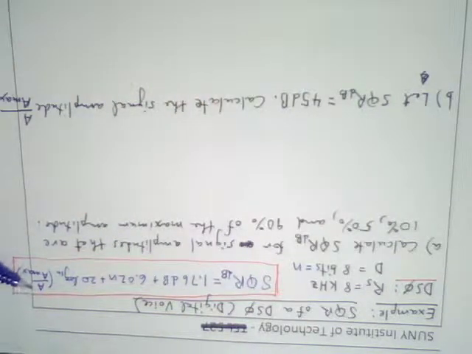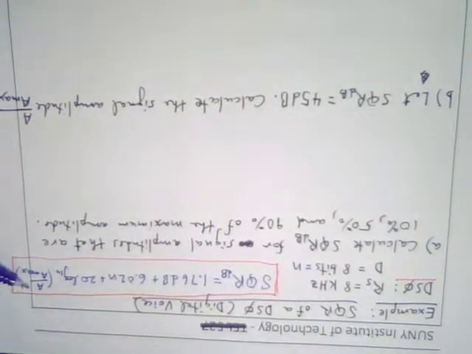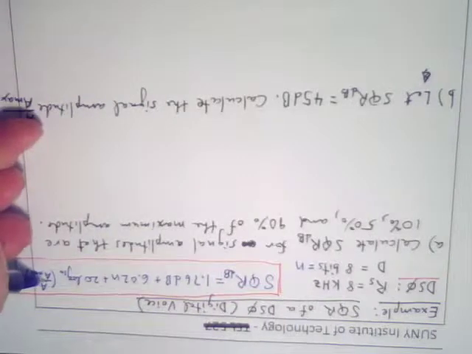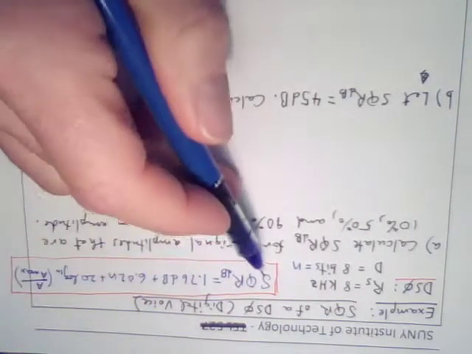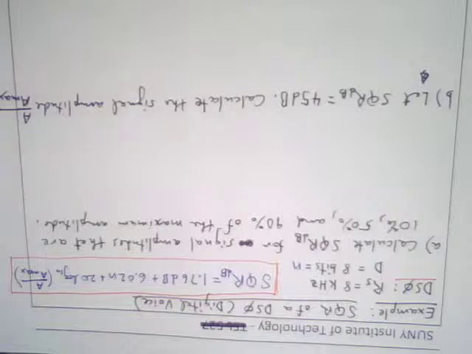Also, as A approaches A max, that means my signal has the maximum strength, and that a stronger signal also increases the signal to quantization noise ratio.